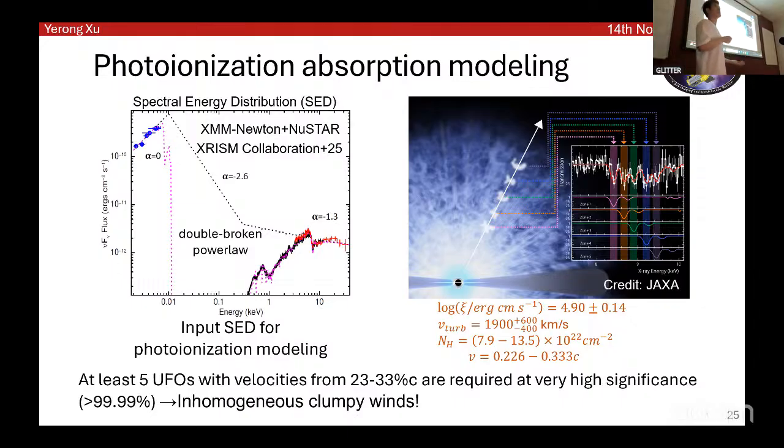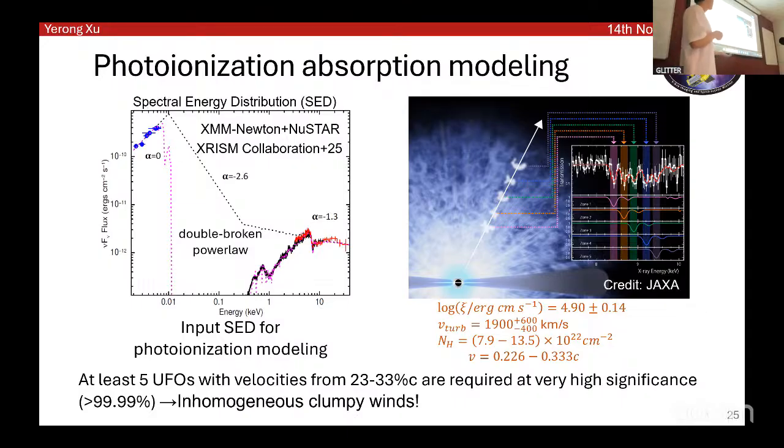And we obtain the average ionization parameter log ξ around 5, and the turbulence velocity around 2,000 kilometers per second. The column density of each component spans around 10^23 per centimeter squared, and their velocities range from 0.23 to 0.33 times the speed of light.